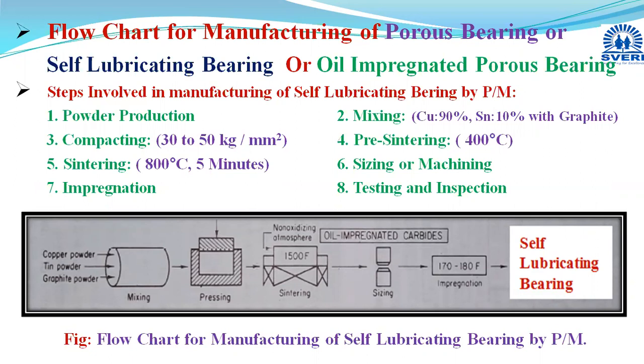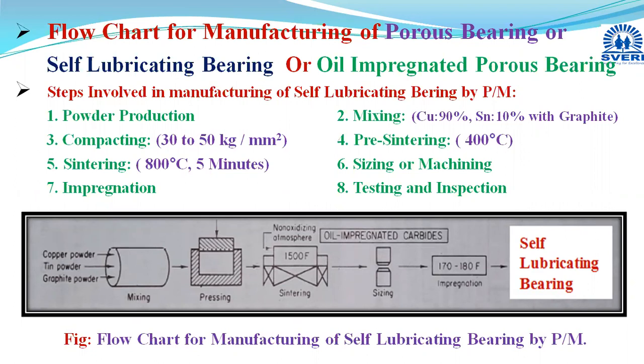Now in today's session, we are going to discuss the manufacturing of the self-lubricating bearing, then the friction material, also known as sintered friction material, and the cemented carbide cutting tool. How these three components are manufactured using the powder metallurgy technique, that we are going to discuss.